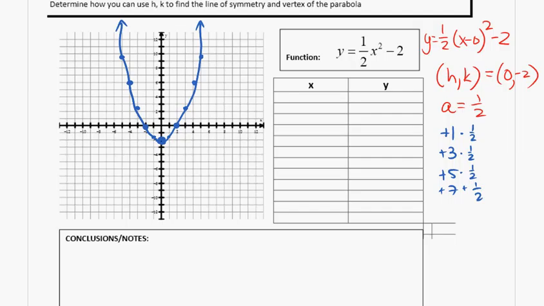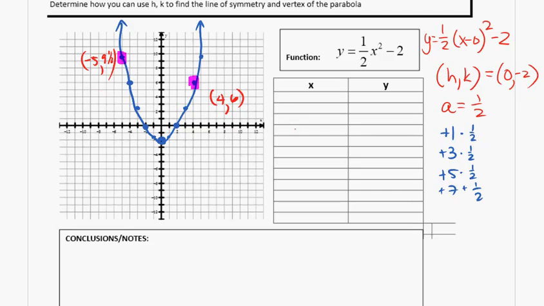If you want to just be sure, test a point, maybe 2 points. Here we have (4, 6), and here we have (negative 5, 9.5). Test those to be sure.